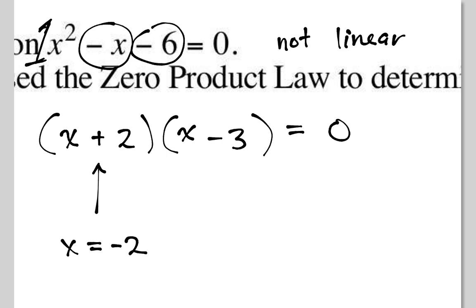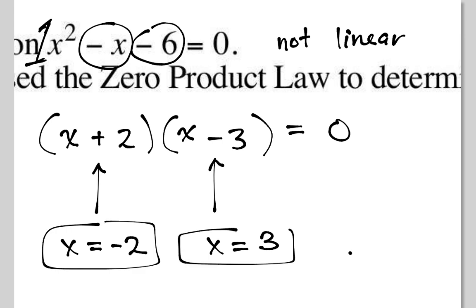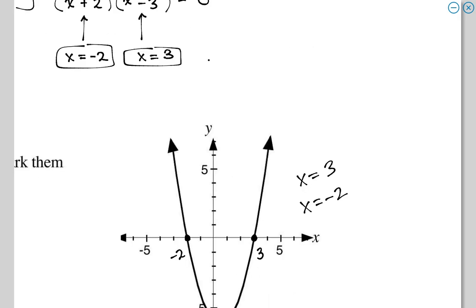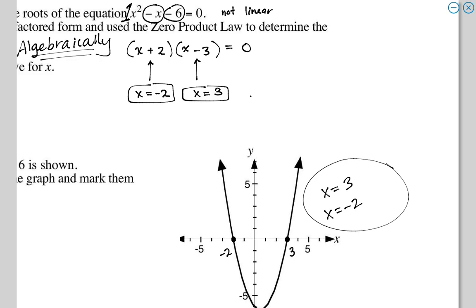It's the opposite of what the binomial says. Okay, so these are the two solutions when you do it algebraically. They should match up with the graph down here. Right? It should match up. So factoring, connecting to the x-intercepts, by the end of today, hopefully you're a master of this.